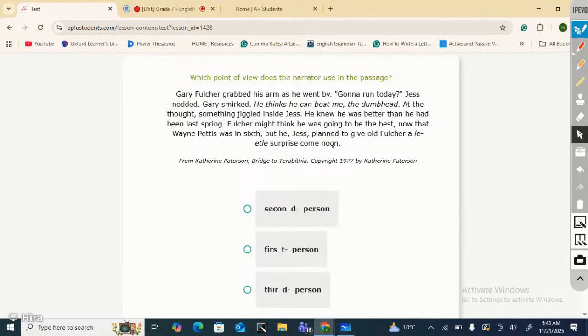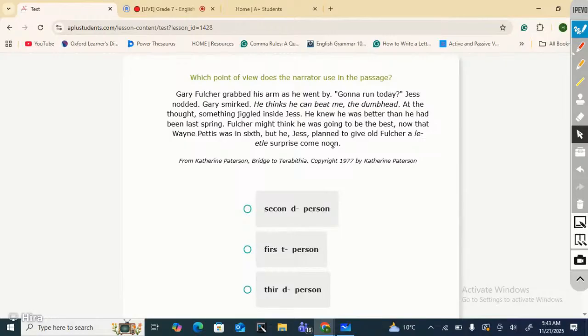Now, which point of view does the narrator use in this passage? Names, names of third persons are mentioned, then his, he.